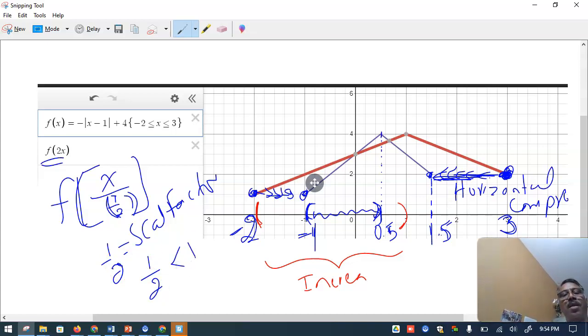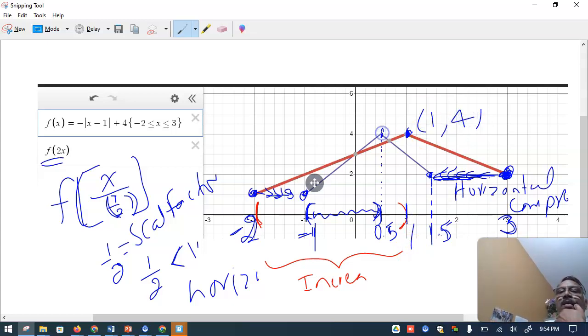And because it is less than 1, we say there is a horizontal compression by scale factor of half. One more thing: this point was 1, 1 and 4, but now this point is half and 4.